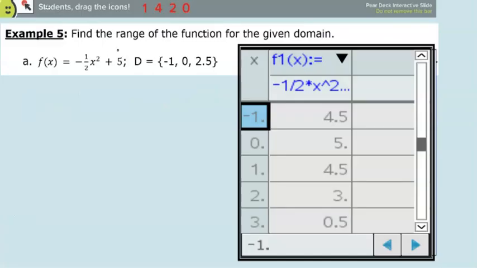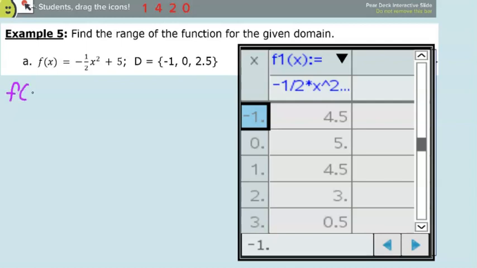Example 5. Find the range of the function for the given domain. A. F of x equals negative 1/2 x squared plus 5. The domain is negative 1, 0, 2.5. So to find these, you want to evaluate this expression at each of these points.